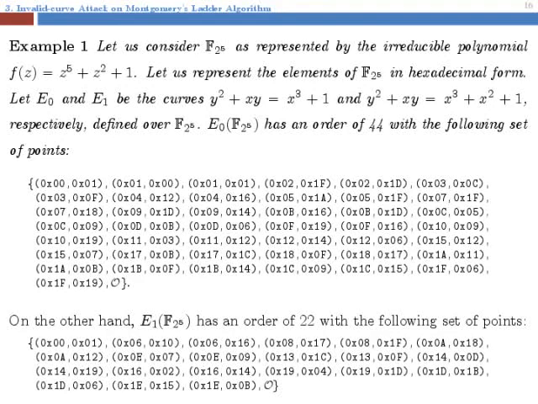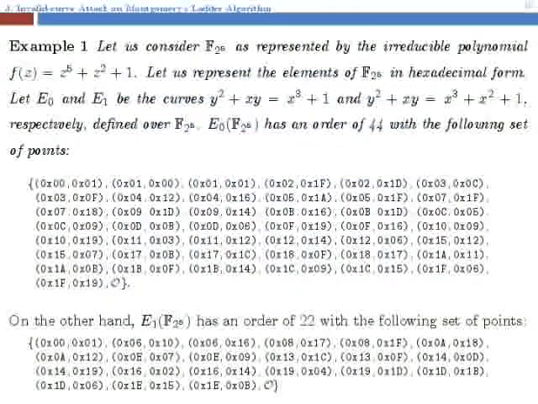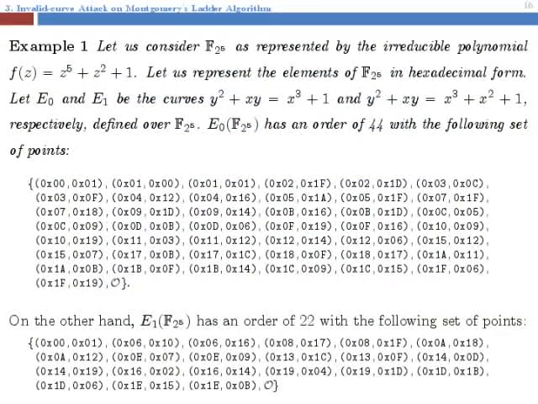And if these three properties are true, then we have this relationship between the orders of one curve and the other. Let me explain this. For example, here we have this small curve in the binary field 2 to the 5, and we can see that these two curves only differ in parameter A. Here A is equal to 1, and here A is equal to 0.